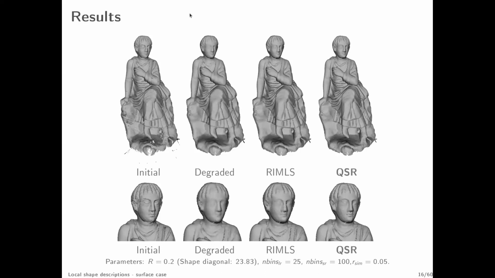Yeah, so here you have the initial shape which is degraded, and then you compute the quadric super resolution on the right here, and you see that you get much more details compared to what was previously the case with other competing methods.